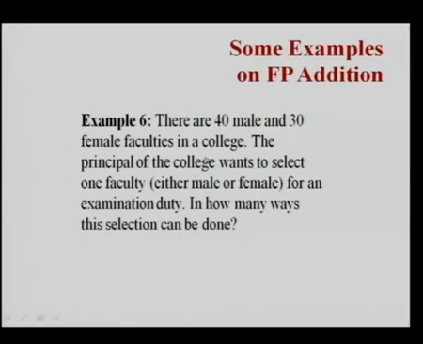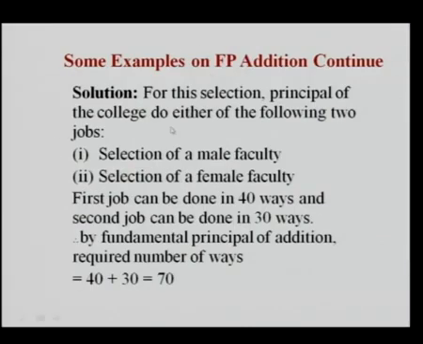Recall that in the first example, the principal was selecting both a female faculty as well as a male faculty. But in this case, the principal is going to select only one, either a male faculty or a female faculty. The first job can be completed in 40 ways because there are 40 male faculty members in the college.